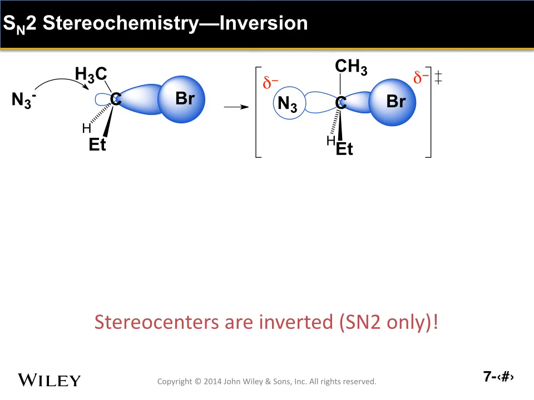That's what the transition state looks like. Notice, by the way, in that transition state, the methyl group and the hydrogen and the ethyl that are attached to the carbon stereocenter, they're all migrating to the right. They're flipping like an umbrella in the wind, and they're migrating to the right side of that carbon as we make the new carbon-nitrogen bond. They're inverting.